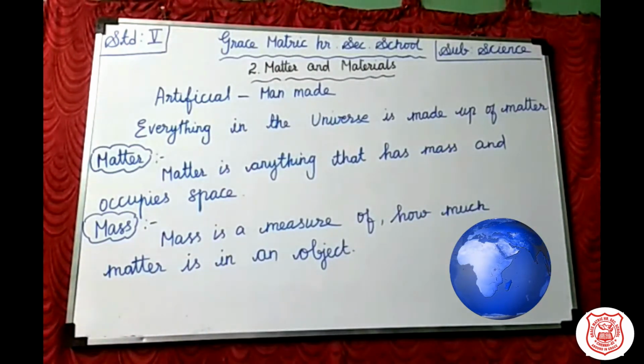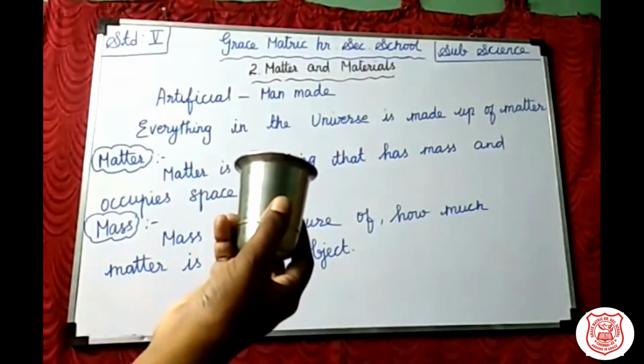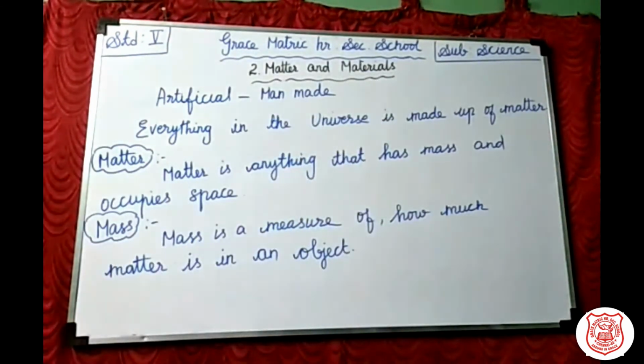See, this is the tumbler. If I hold it, I can feel that it has some weight. That means it has mass. If I pour some water into this tumbler, the water occupies some space according to its volume.